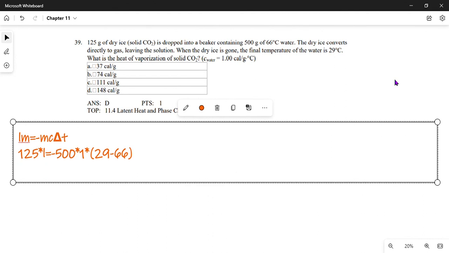You will solve this manually or by using the calculator, and you will find that L simply equals 148 calorie per gram. So the answer is D.